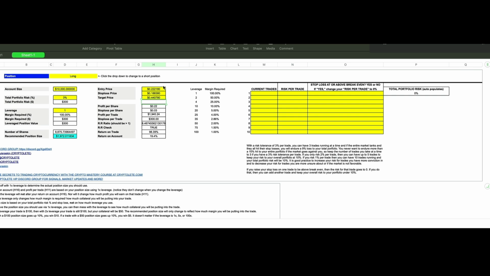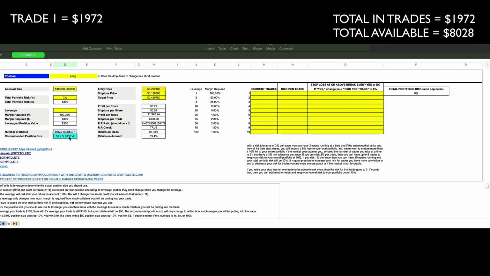So putting all of that information into the Crypto Elite position sizing calculator, we get a position size of $1,972 if we are risking 3% on this trade. So we could put this on and say that this is Rose USDT. And we are risking 3% on this trade.